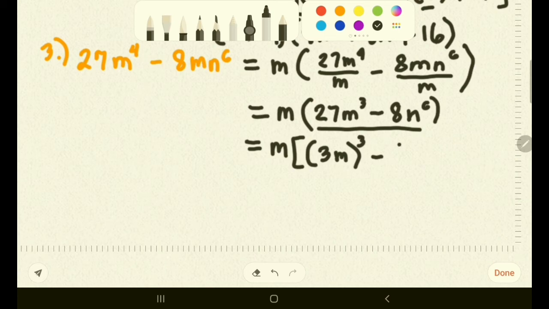Minus 8 is 2 cubed. Then n to the power of 6 would be n squared to the power of 3. If we're going to check, 2 times 3 is 6.